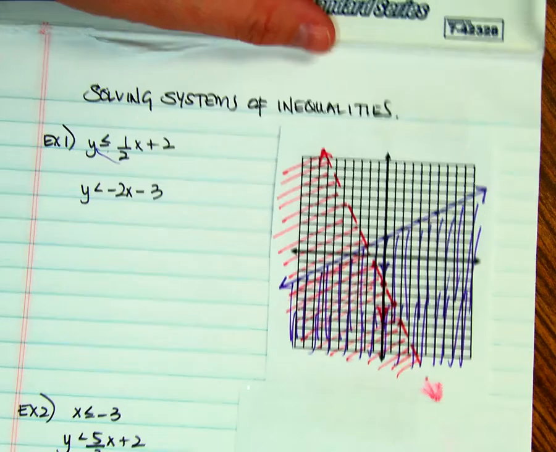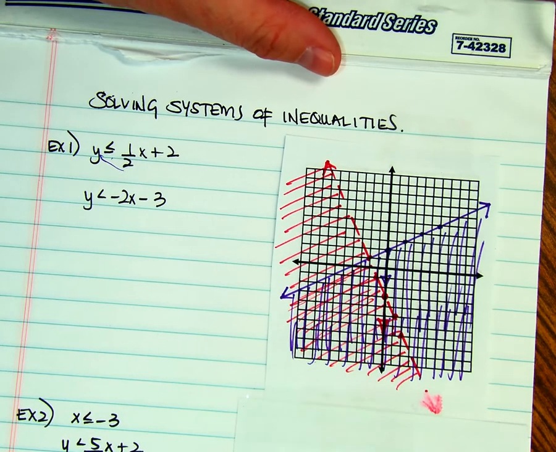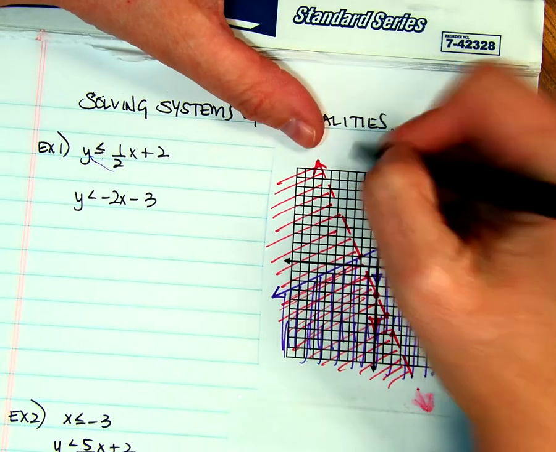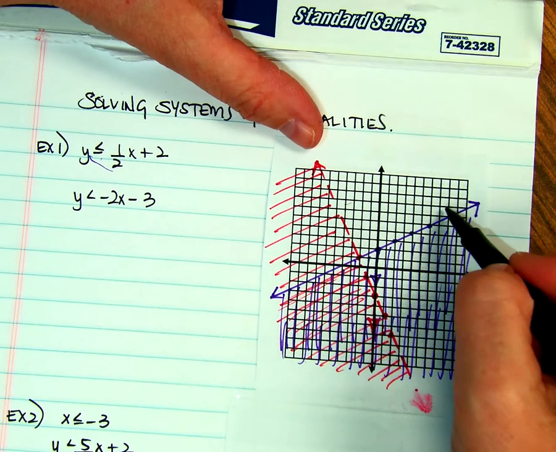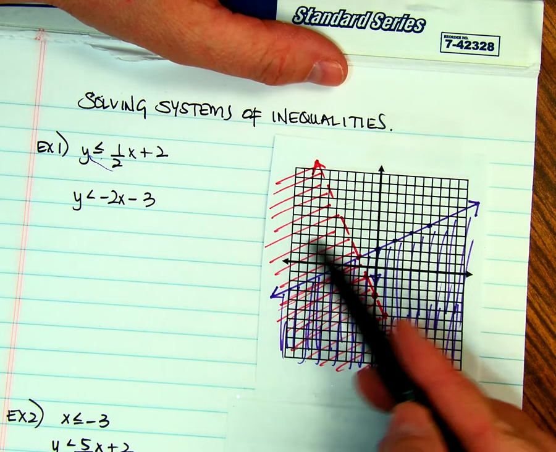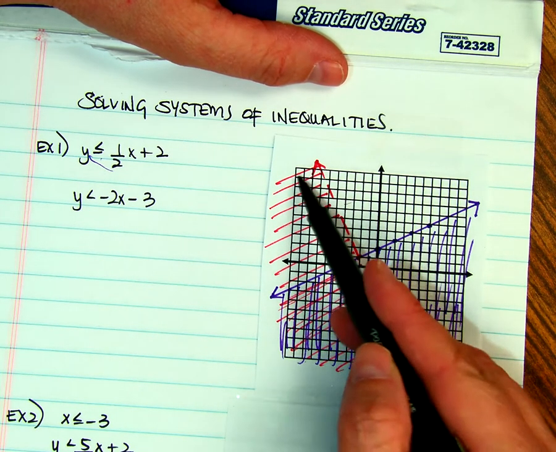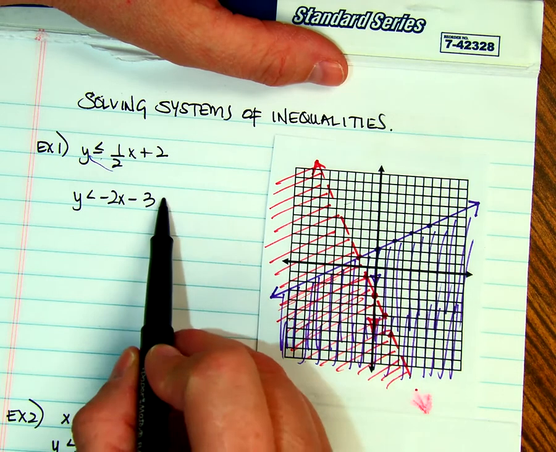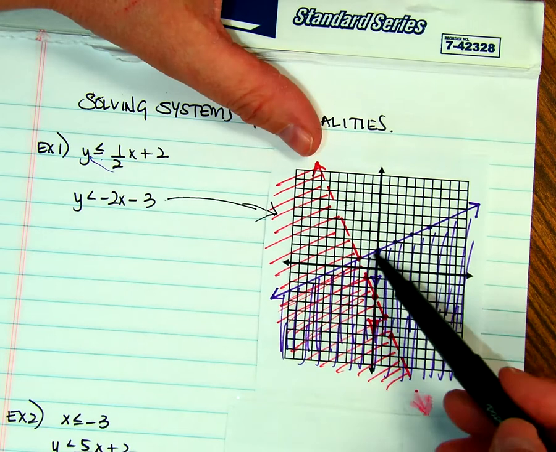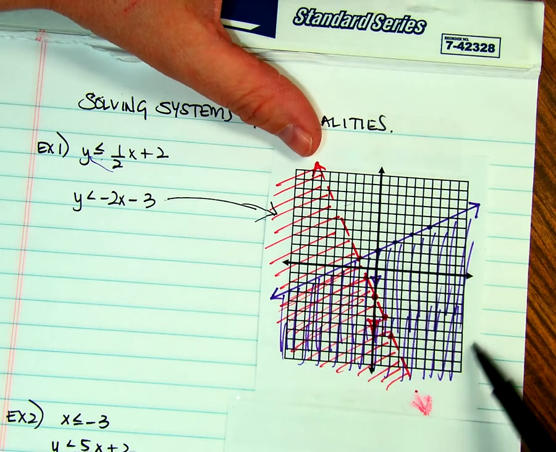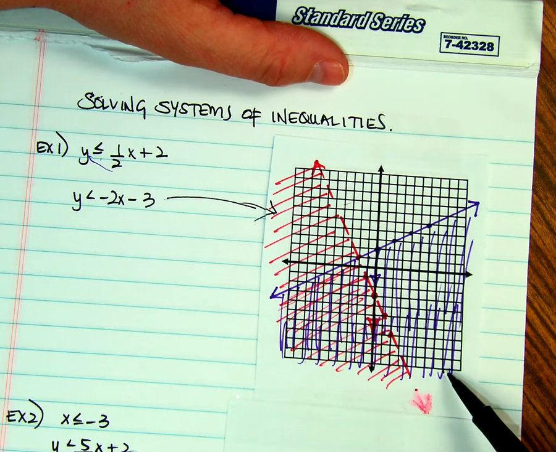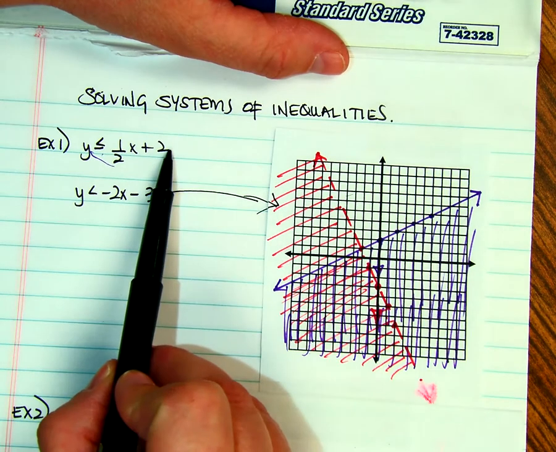So this area that has no shading, there's no solutions to either of the two inequalities. Any ordered pairs in this red section are solutions only for this one, because that's when I did the red marker. In this purple, these are all the ordered pairs that are solutions to the first inequality that I did.